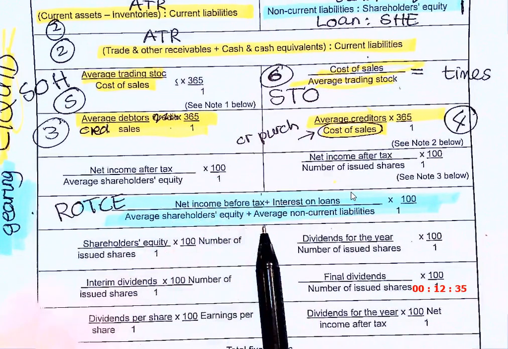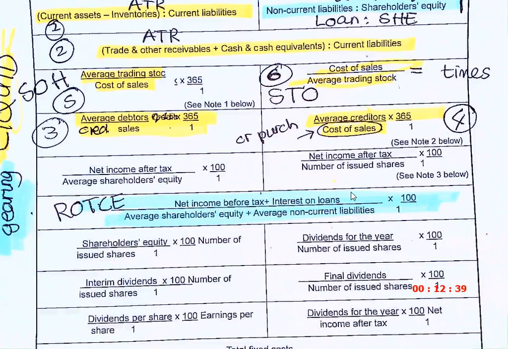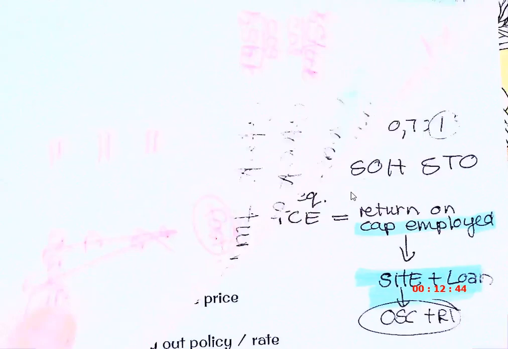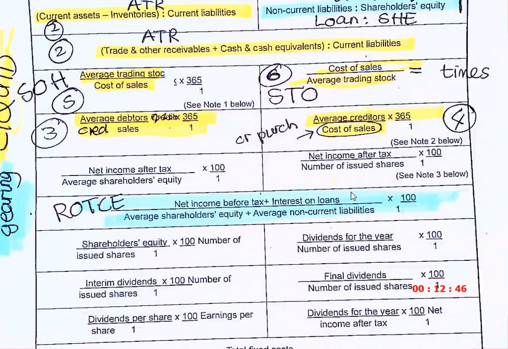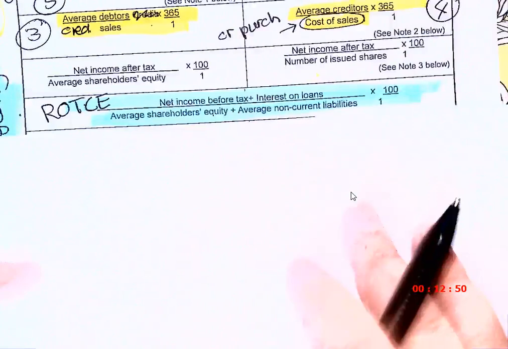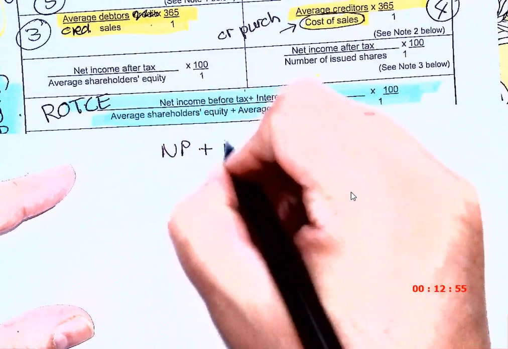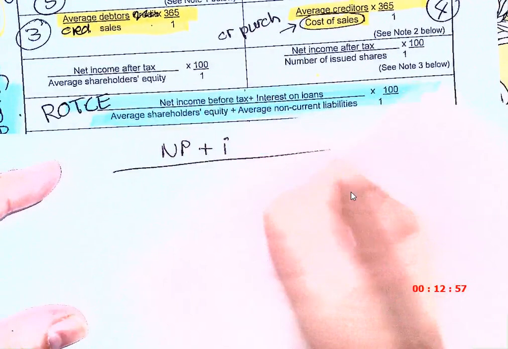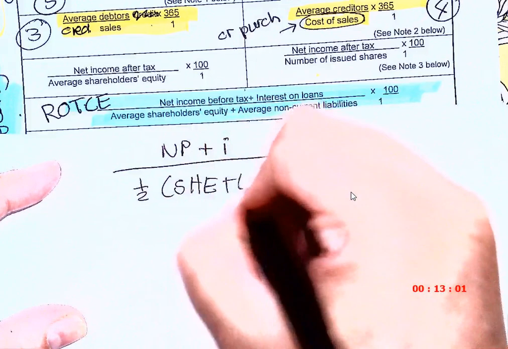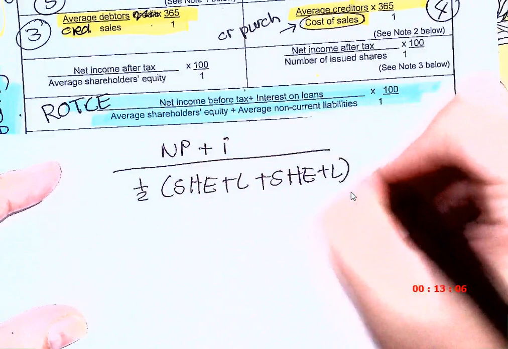And in this way, can you see this is a difficult ratio to remember like that. So I have a different way to write it. I write it like this, and now all my papers are already used. Let's use this one. I say it's net profit plus interest over half SHE plus loan plus SHE plus loan, and obviously times 100.